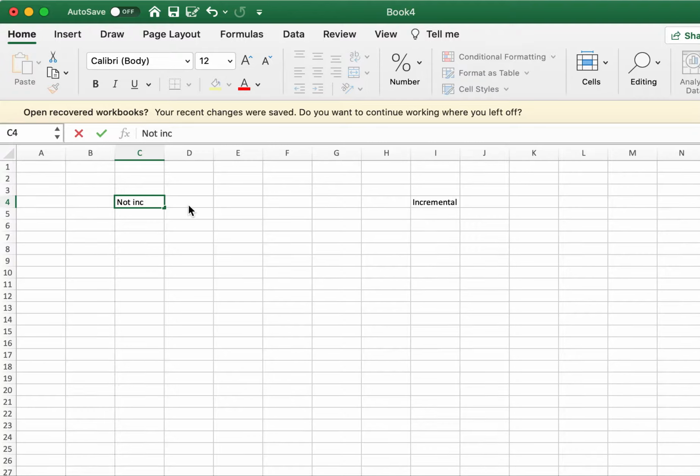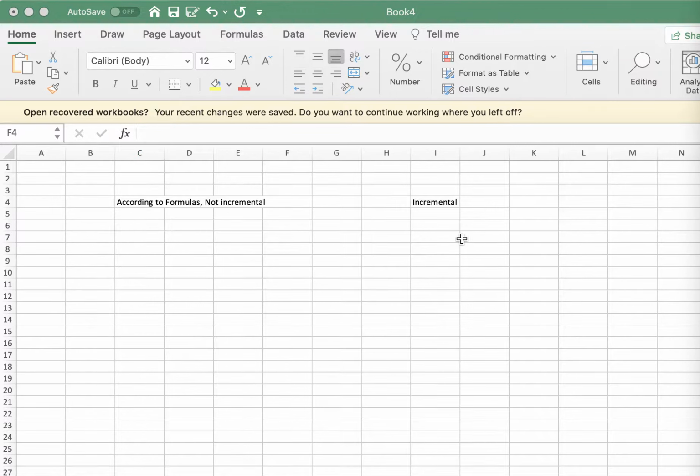The lab doesn't ask for that, but I just want to show the difference. So this would just be according to the formulas, and it's not incremental.